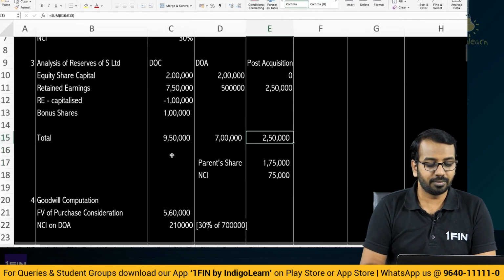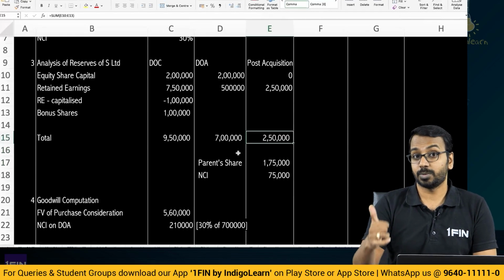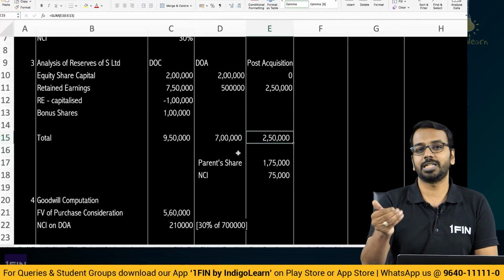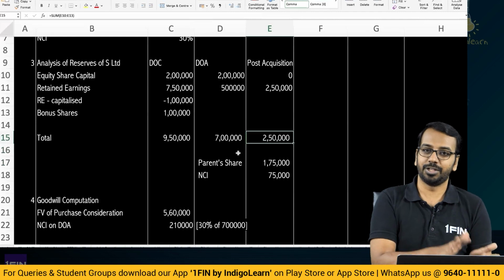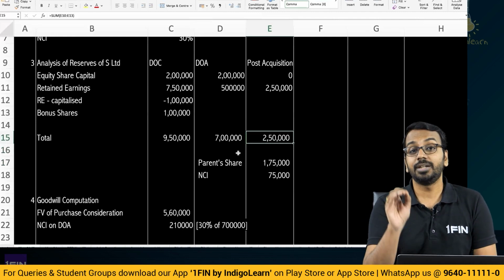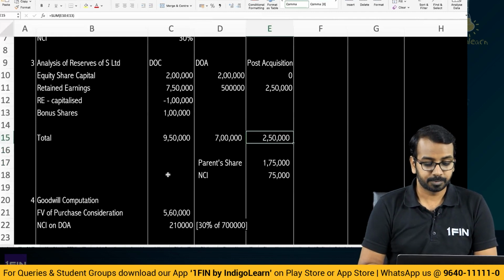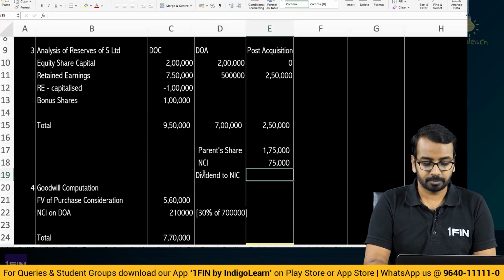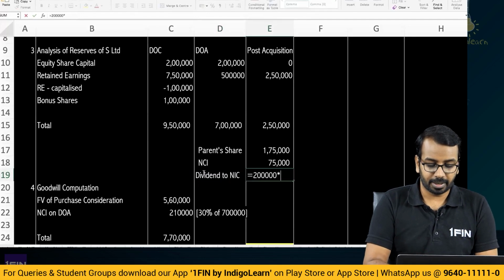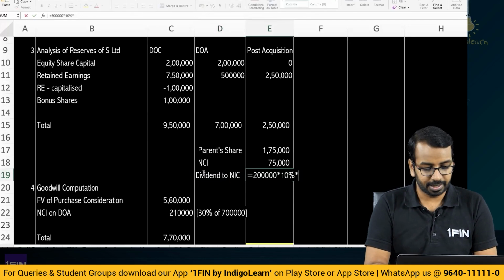Now how much is the dividend paid? Dividend is paid as per the question at 10% of face value. Now we also don't know whether it is before bonus or after bonus. We have assumed that it is before bonus. So the dividend amount that is paid to NCI will be 2 lakhs multiplied by 10% multiplied by 30%.